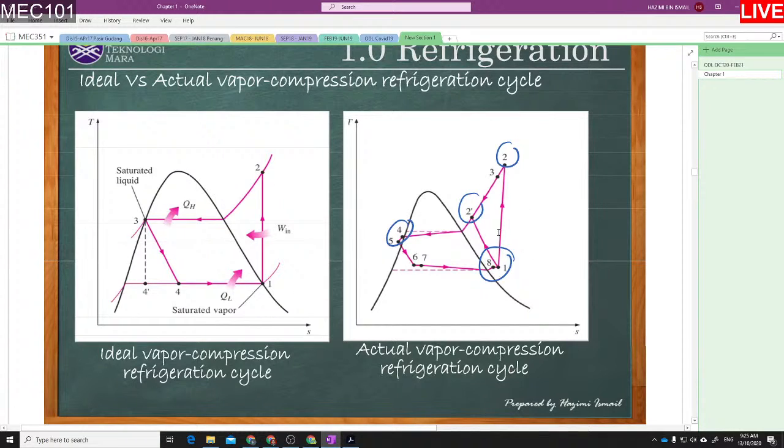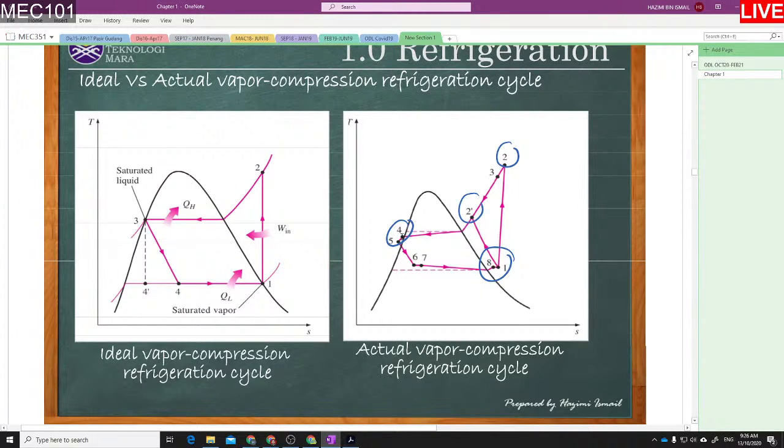So kalau sebenarnya compressor pun kita kena kira dia punya isentropic efficiency. From the isentropic efficiency, we know how good the compressor is. So from that data of the efficiency, we can find the real state of state 2. State 2 ni sepatutnya tak dapat straight line macam ni. In real world, kita akan dapat dia senget. Faham?